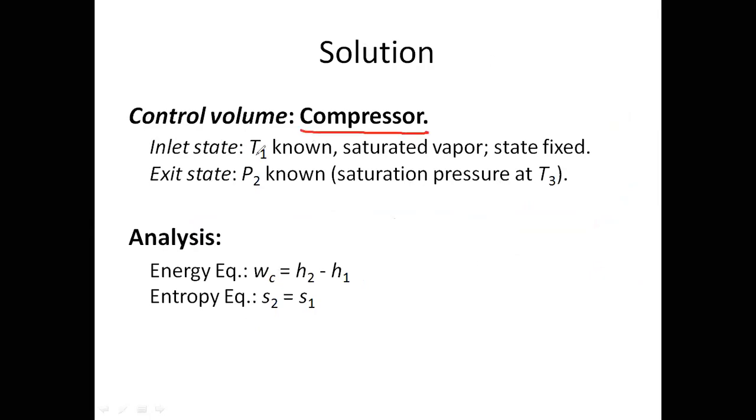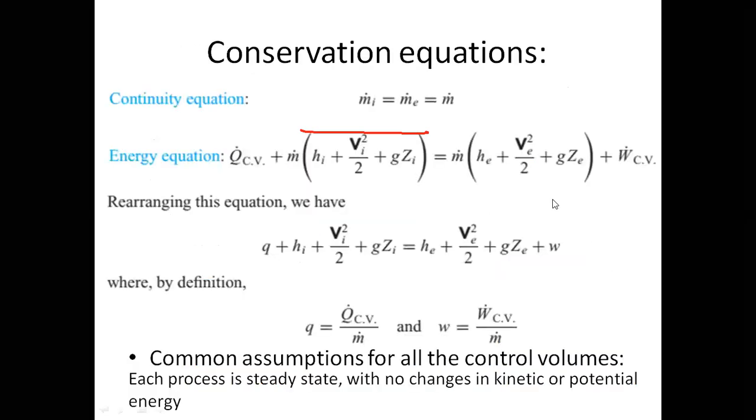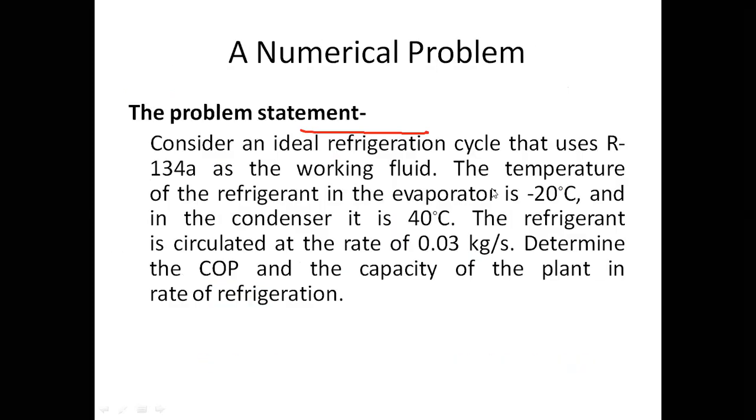The inlet state is known, the compressor inlet state, that is T1. The inlet condition is given as minus 20 degrees centigrade temperature, and condenser temperature is given as 40 degrees centigrade.